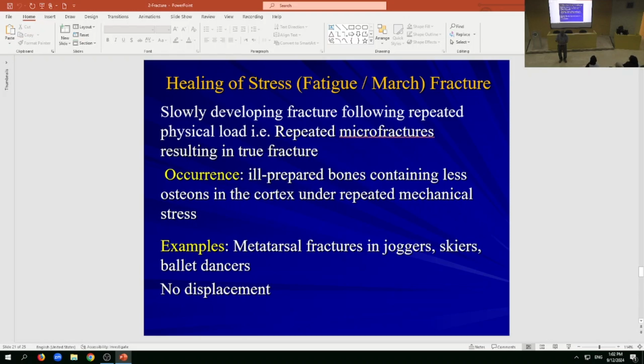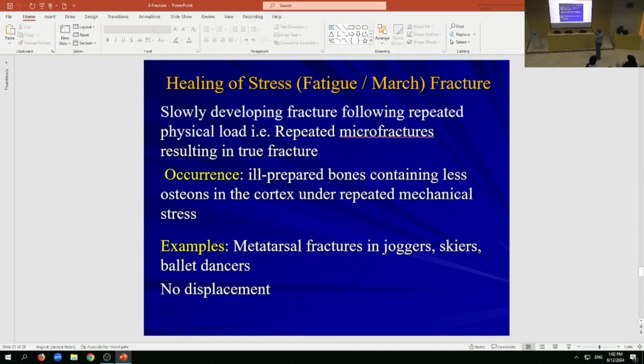At the same time the body also wants to make remodeling, so the processes of bone and healing are all mixed up, because there is a repeated trauma on it until such a time when the body cannot cope anymore, so there is a real fracture. This is the stress fracture. It occurs in ill-prepared bones containing fewer osteons, like the tarsal.